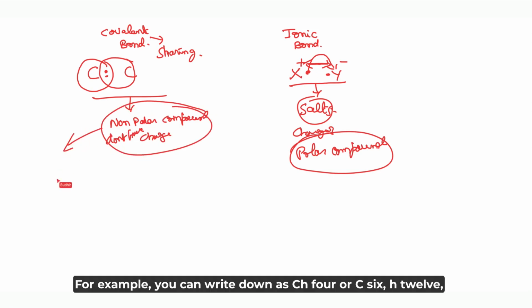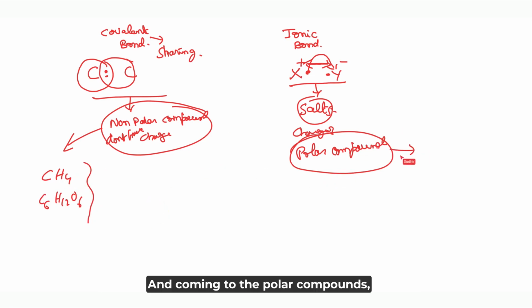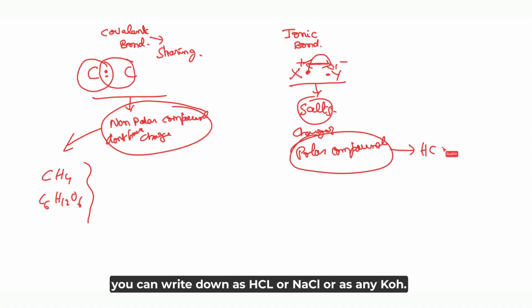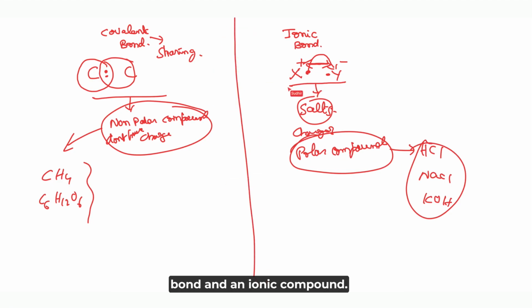For example, CH4 or C6H12O6 glucose come under non-polar compounds. Polar compounds are HCl, NaCl, or KOH. This is the difference between a covalent bond and an ionic bond.